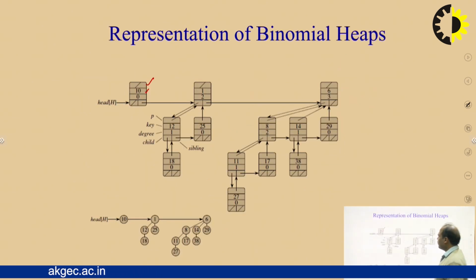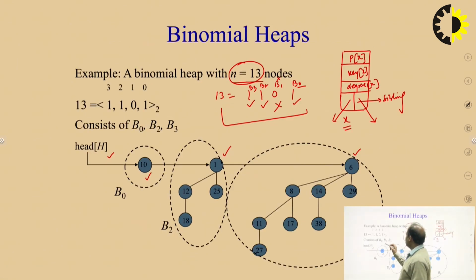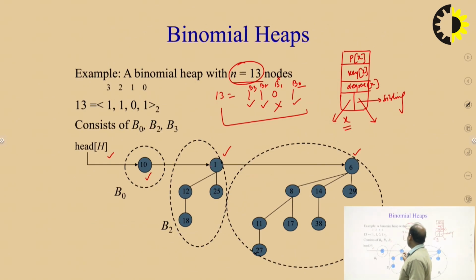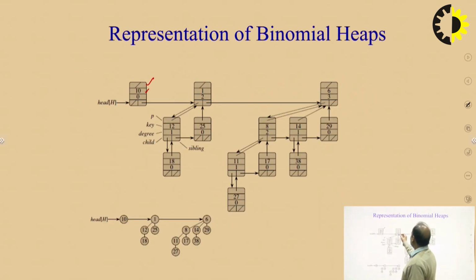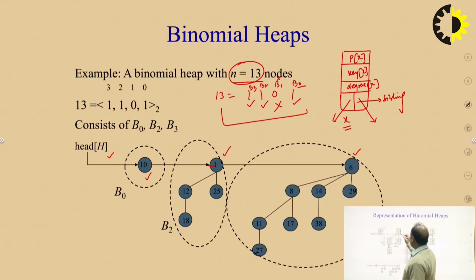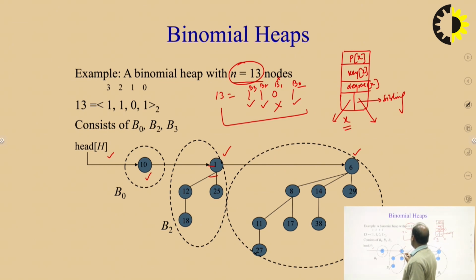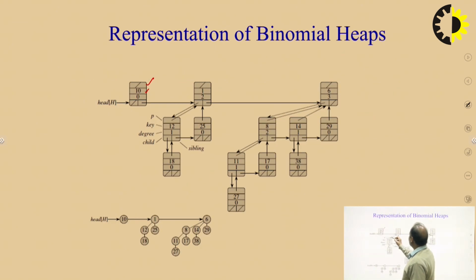Look at this 10: its parent is nil, key is 10, it has degree 0, its left child is missing, and this is the right sibling. There is no concept of a right child in the binomial heap. Same thing, if you go to 1, its parent is missing, its degree is 2, this is the pointer to the left child and this is the pointer to the sibling. And 12 has parent 1, its degree is 1, then pointer to left child and pointer to sibling.